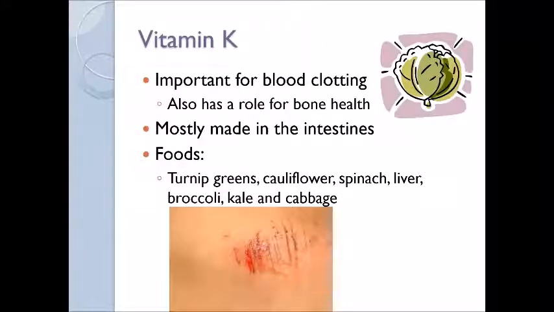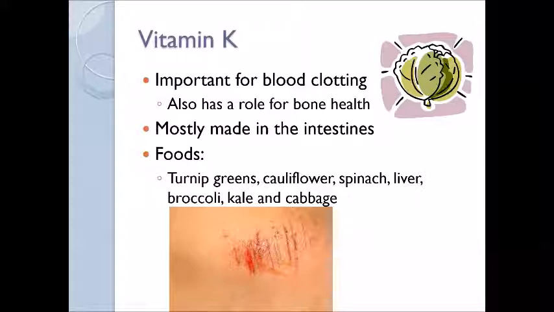Okay, the last vitamin we're going to talk about is called vitamin K. With vitamin K, this is important to basically help our body to form blood clots. Vitamin K is going to help the platelets to function properly.